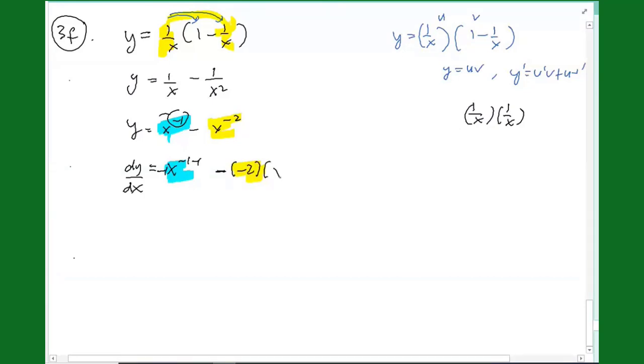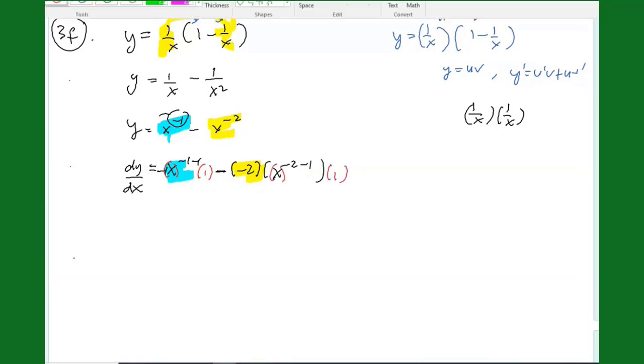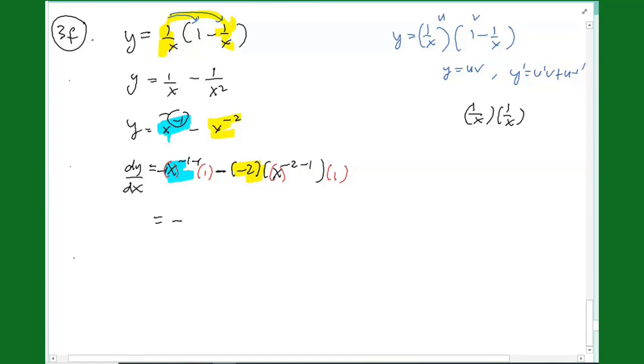Negative 2 x to the power of negative 2 minus 1. Okay, and then let's say if you differentiate the inside of the bracket, this 1, this 1, sometimes just ignore it, it troubles you. Just differentiate directly, so we get negative x to the power of negative 2 plus 2x to the power of negative 3, like that is enough. You can skip this, don't follow the procedure too strictly. Sometimes following the procedure too much gets complicated. So directly, negative 1 times x to the power of negative 2.